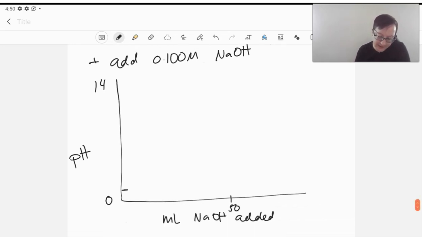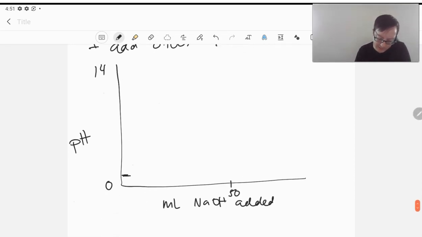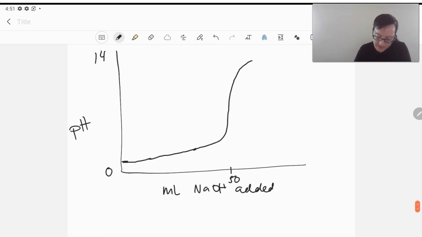As we add NaOH, we don't really see much change happening. We see some gradual change maybe, and as we get very close to 50, our graph suddenly will shoot up and then mirror itself on the other side till we add maybe 100 or so, at which our pH would be 13, well, a little bit less because of all the extra volume.